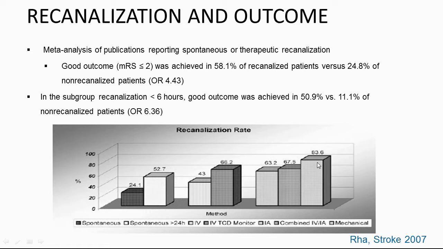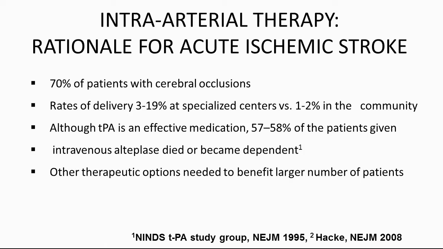And what you can see here is that much of this data indicates that the recanalization rate is better with some other efforts over and above IV TPA, particularly with the mechanical thrombectomy devices. And that good outcomes, at least in some of the trials, back in 2007, non-randomized trials, suggested that there may be a better way than just IV TPA.